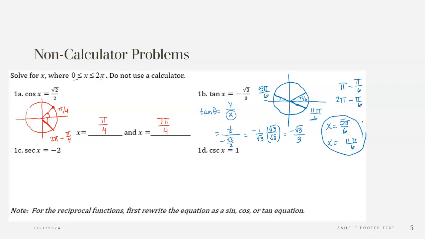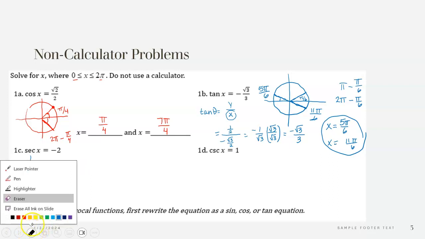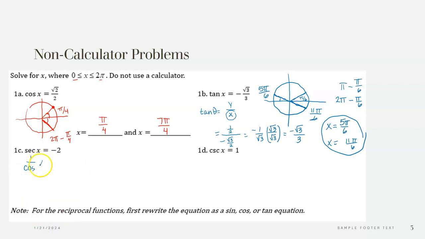All right, secant is 1 over cosine. Oops, computer went crazy. Secant is 1 over cosine. So I put my x in the wrong place. And that's equal to -2. So I'm really looking for where is cosine of x equal to -1/2. And so I'm going to think about the unit circle. Cosine is 1/2 when I'm at pi over 3's.